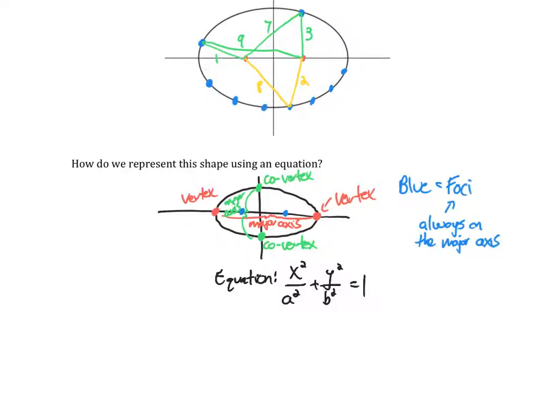I'll explain what a and b are in a second. One thing I didn't say above, but I'll say now: the coordinates of my vertex are (a, 0), and my other vertex is (-a, 0) when I'm centered at the origin.